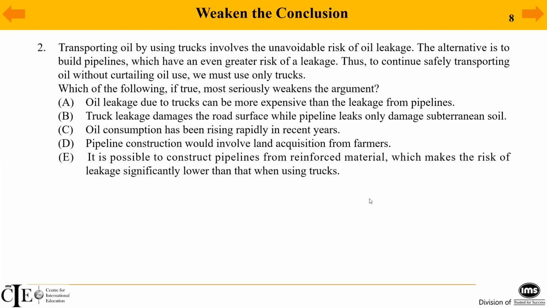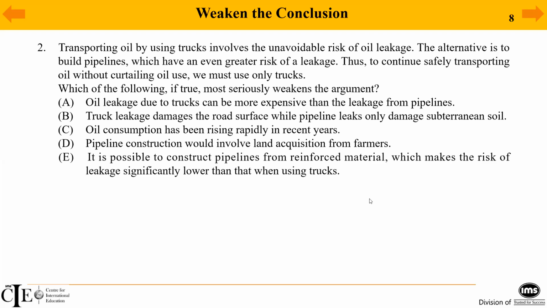So compared to pipeline, he says that trucks are better because with pipelines, he is saying there is a greater risk of leakage. So E is proving otherwise, is it not? It says if you construct pipelines from reinforced material, the leakage will be significantly lower than when using trucks. So that means leakage can be prevented if you use reinforced material to construct pipelines.